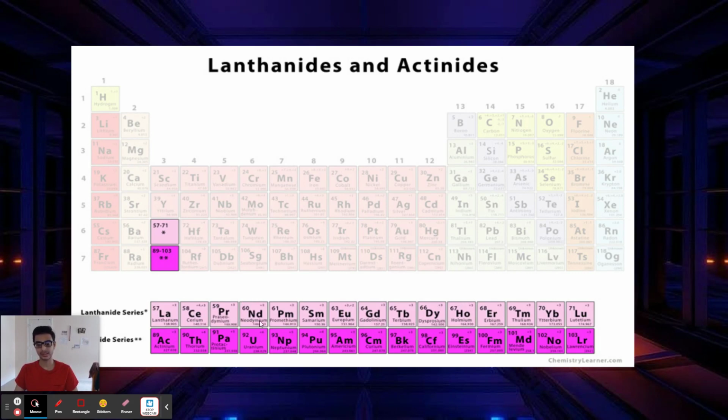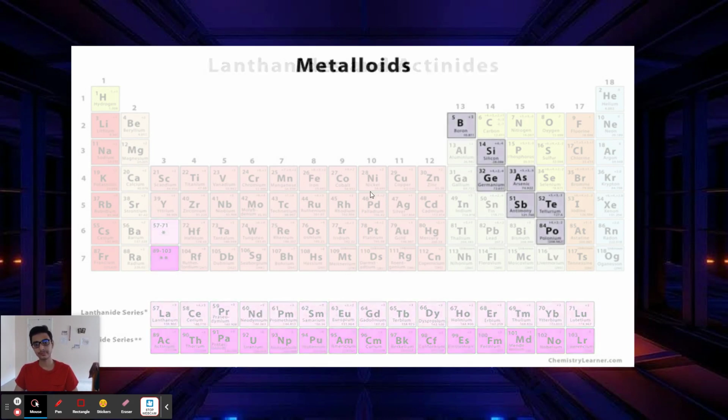Like, you can use these to make X-ray goggles and everything. Then there's metalloids. Metalloids are a form of metals and nonmetals, so they can be reactive or non-reactive. Some examples are boron, silicon, germanium, arsenic, antimony, tellurium, and polonium.